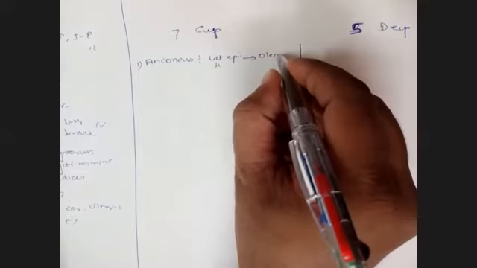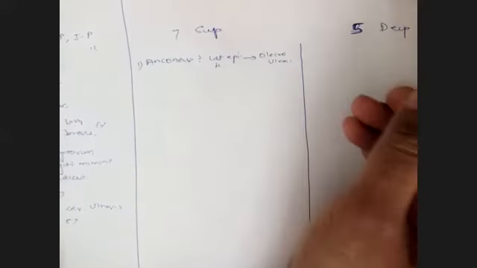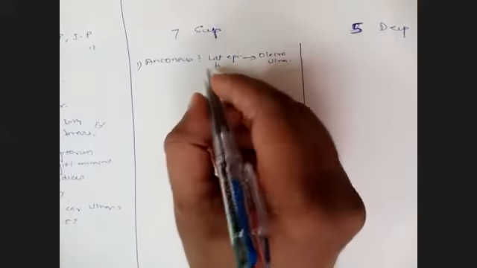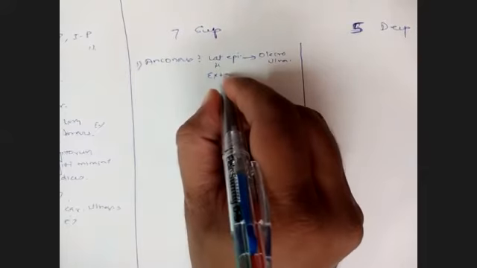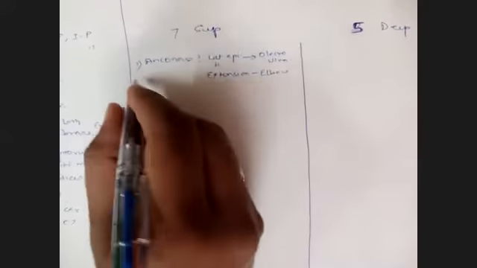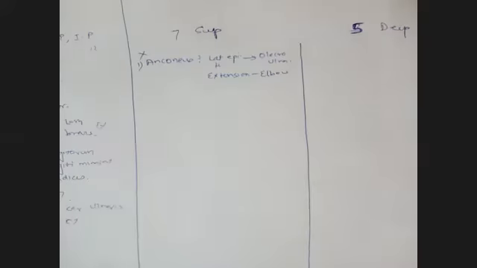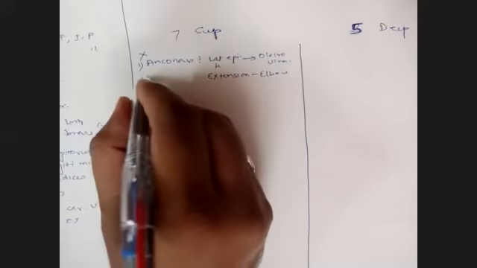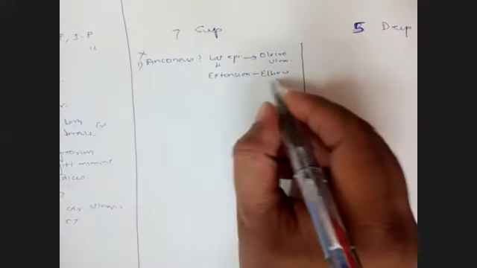The olecranon process of ulna. Okay, and its action is extension of elbow. Now, this is the muscle which doesn't cross the wrist joint. It causes extension of elbow, and so it is totally different from all these muscles.